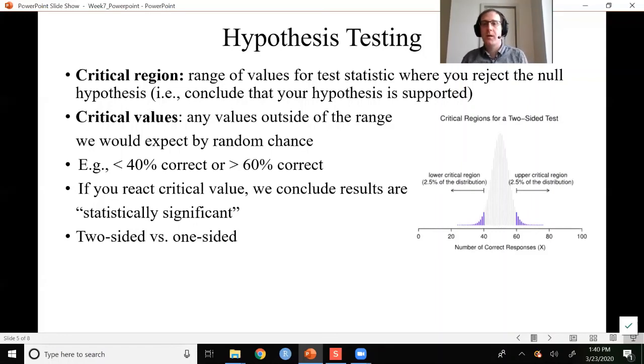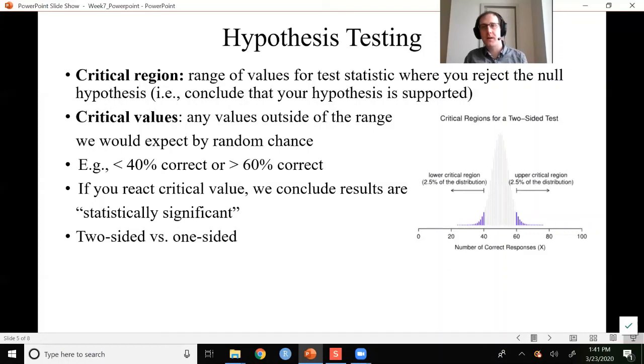Often in psychology, we use two-sided tests. Again, that's kind of a convention, because we aren't necessarily sure how the results will go. It might be hypothetically possible that it'd be extreme on the top end, or it could be extreme on the bottom end.